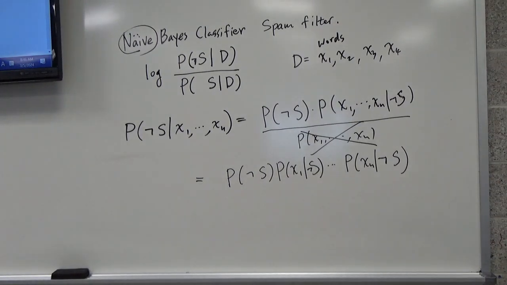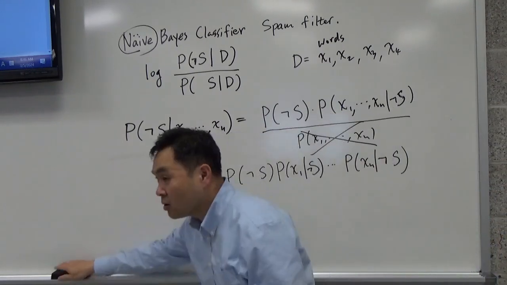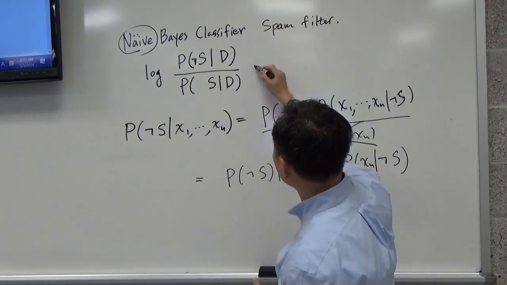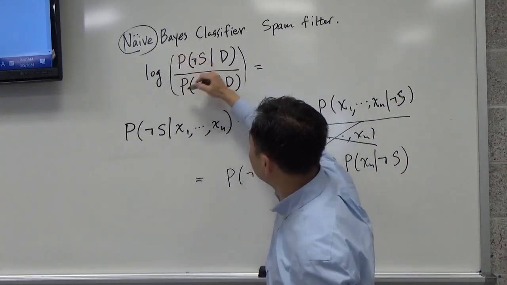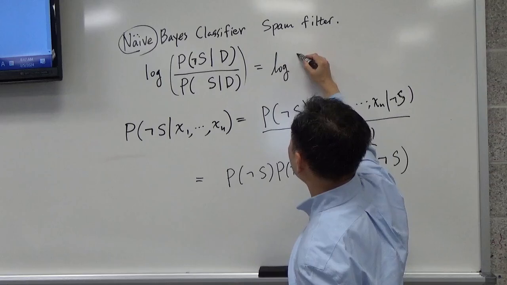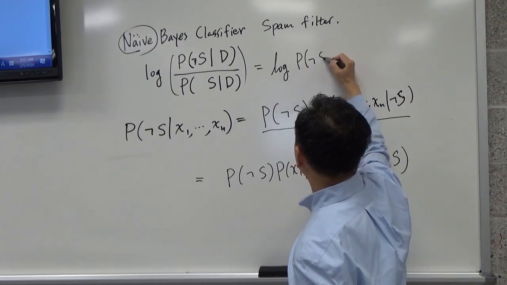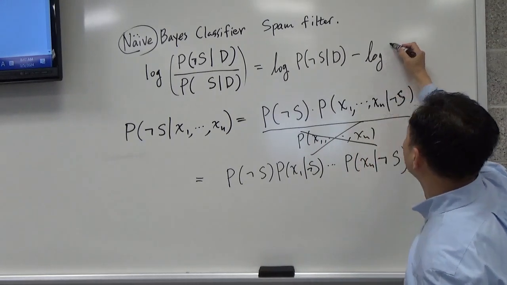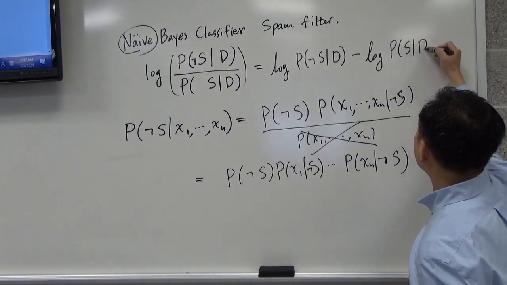And now, you do know the log rules. Hopefully you remember the log rules. What can you do if you have division inside? Subtraction. Yeah, you can just write log of P(not S | D) minus log of P(S | D).